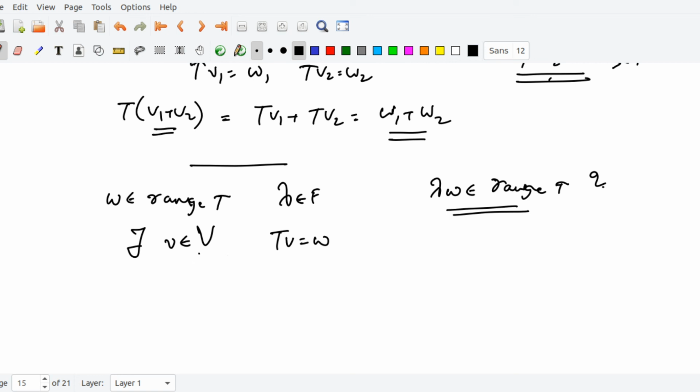Since V is an element of capital V and V is a vector space, scalar multiplication is closed.